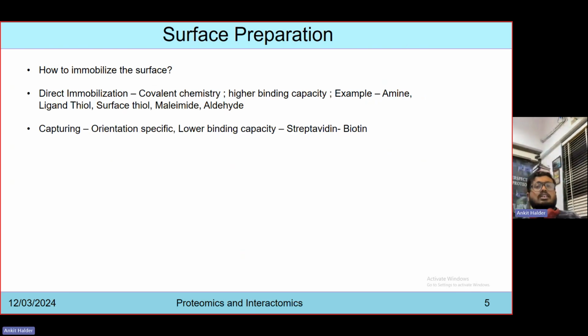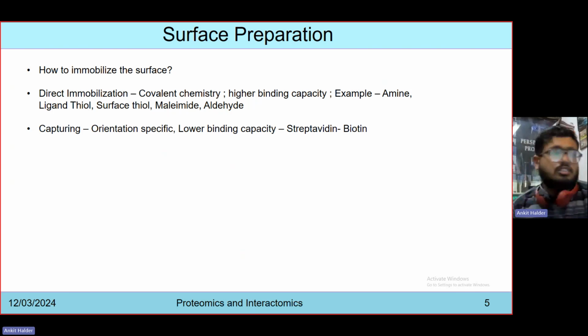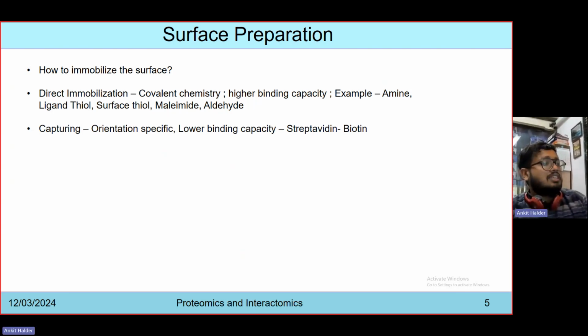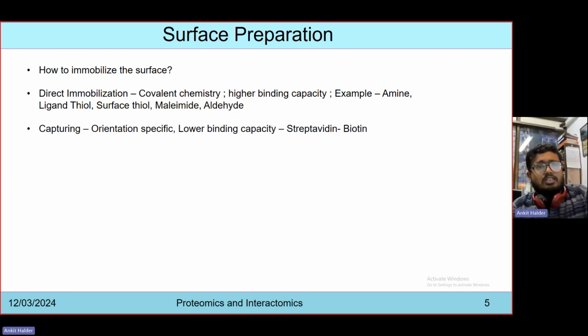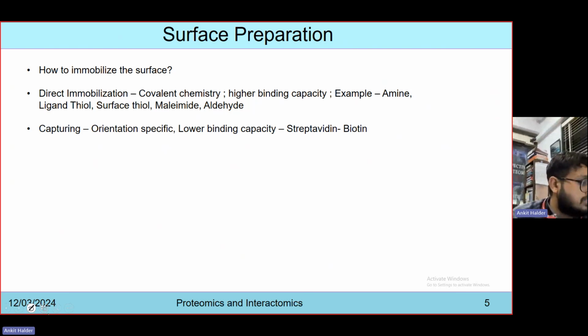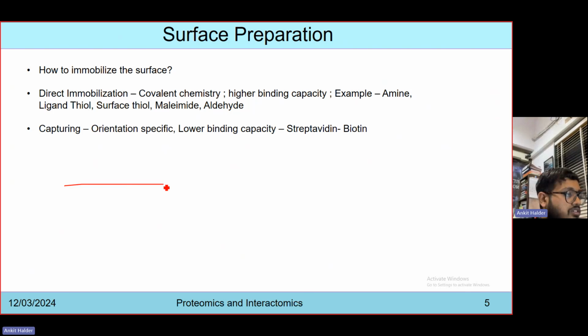So now is surface preparation, or how to immobilize the surface. One of the major requirements is to immobilize your surface, so what does it mean? So you have the surface, and now you need to place, immobilize your ligands, right?